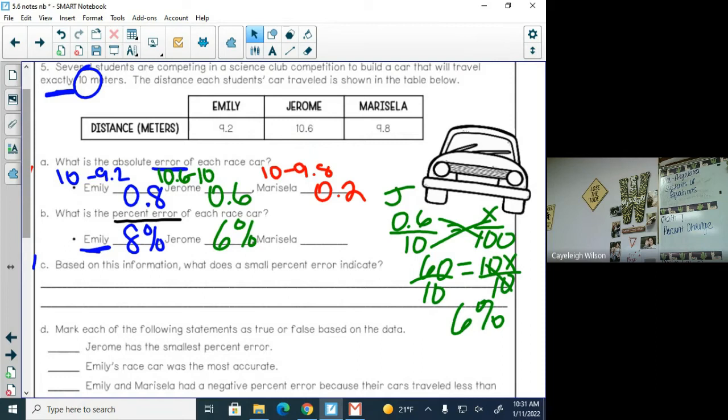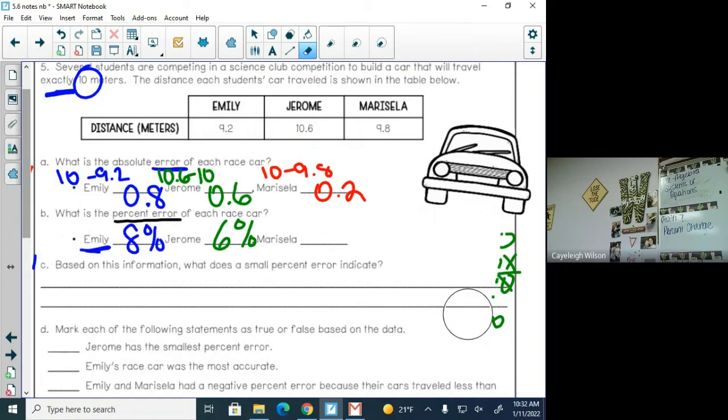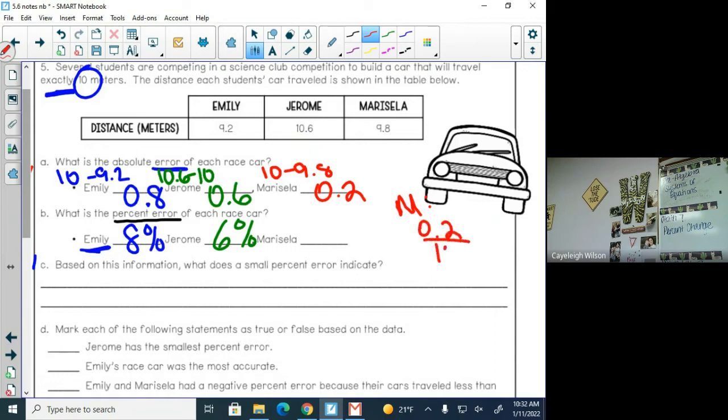Show your work. All right, so Maricela, she had an error change of 0.2 over the actual, which was 10.